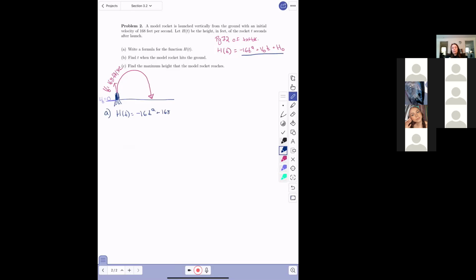Yeah, it's a constant, and in these scenarios, it's always there. It comes from physics. Okay. So 168 times t plus the initial height, which is 0. So you don't even need to add that 0 in. You could just have -16 t squared plus 168 t. Any questions?